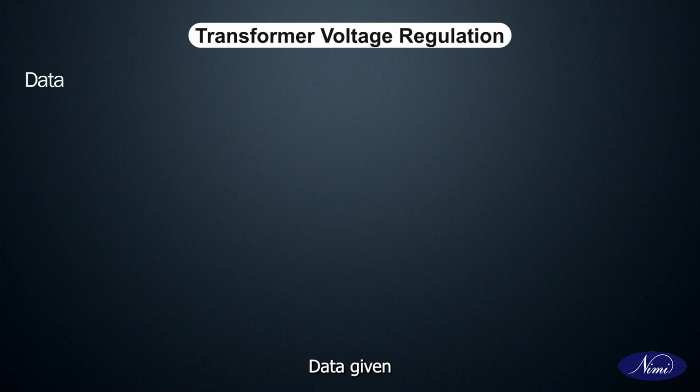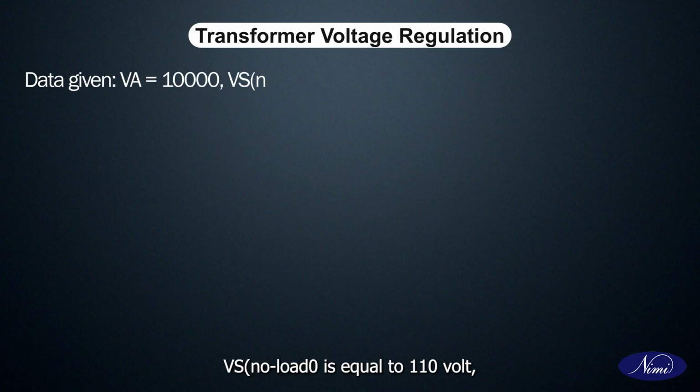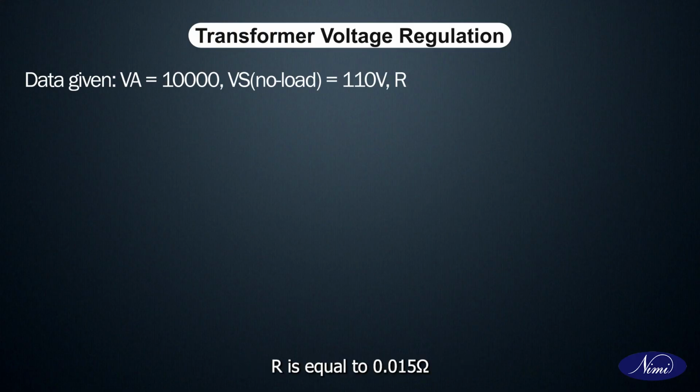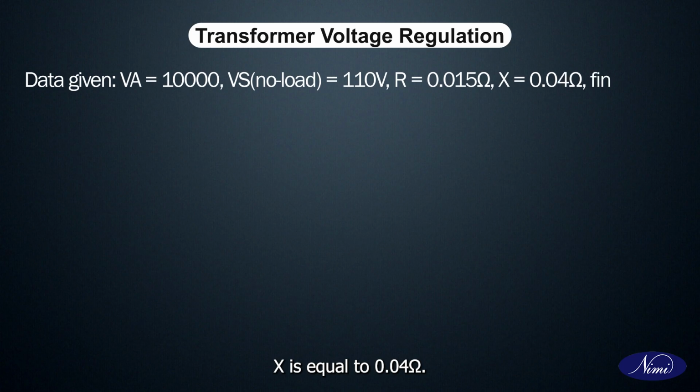Solution. Data given: VA is equal to 10,000, Vs no load is equal to 110 volt, R is equal to 0.015 ohm, X is equal to 0.04 ohm.